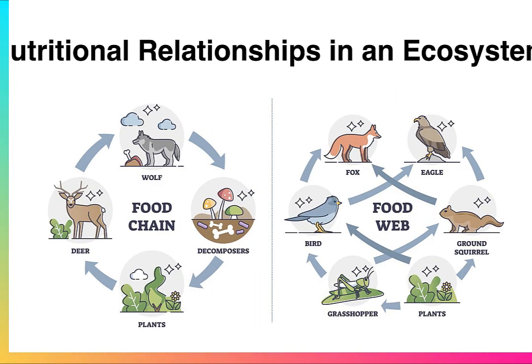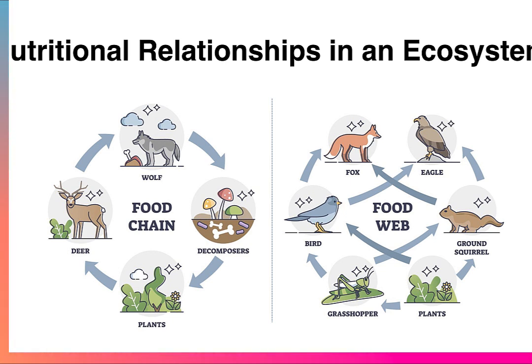Now, this next slide looks at the difference between a food chain and a food web. And what you can see is that the food chain is very straightforward. It goes from plants to the primary consumer to the secondary consumer. The secondary consumer dies and is decomposed, and then we start the cycle over again.